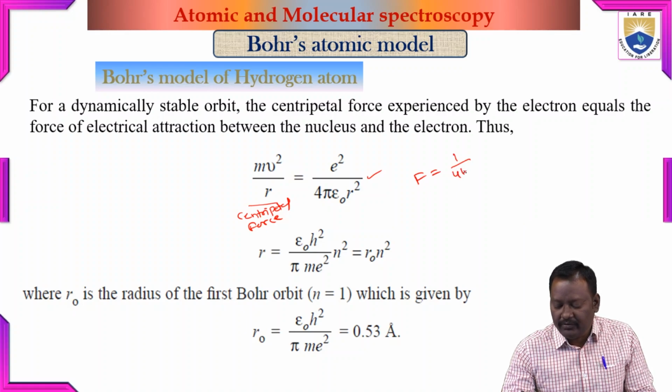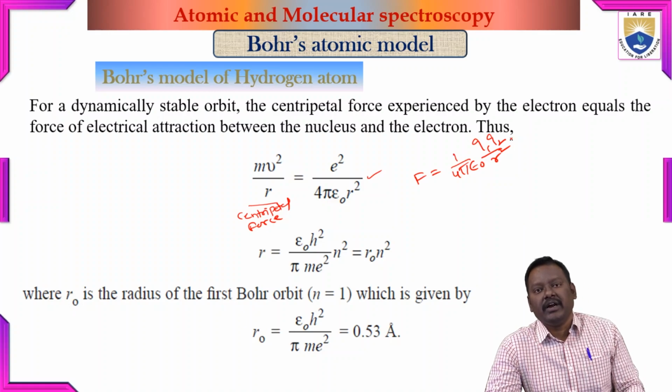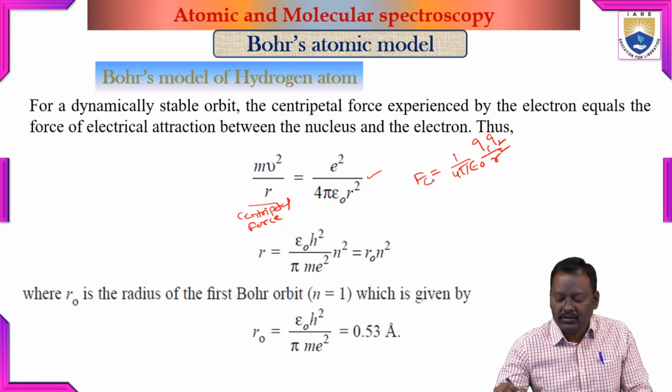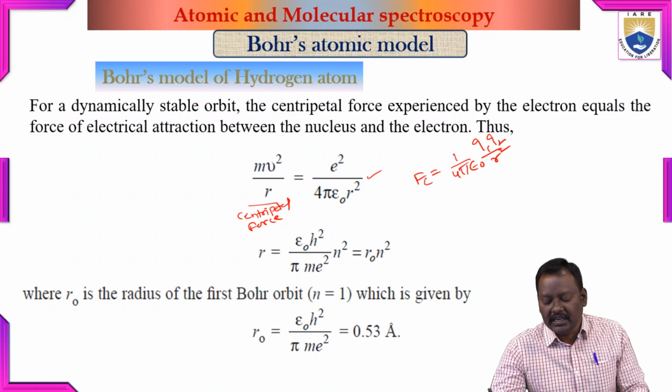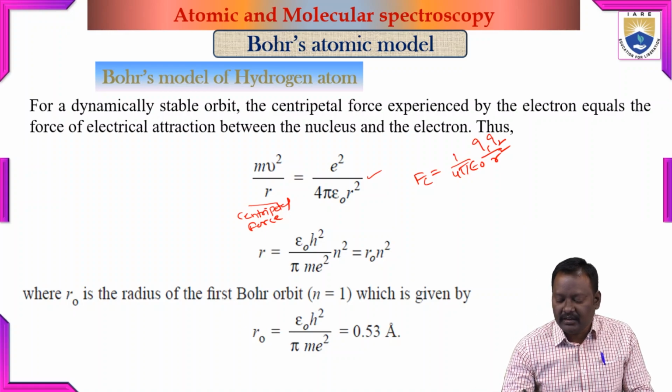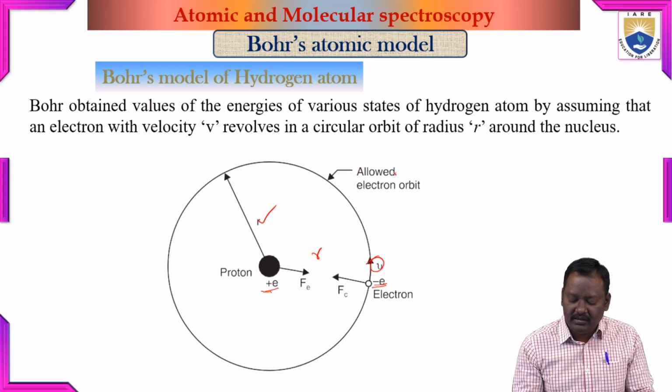Force equal to 1 by 4 pi epsilon naught q1 q2 by r square. If there are two charges q1 and q2 at a distance r, then the Coulomb force Fc equals 1 by 4 pi epsilon naught q1 q2 by r square. Now here there are two charges, one is plus e and another one is minus e.